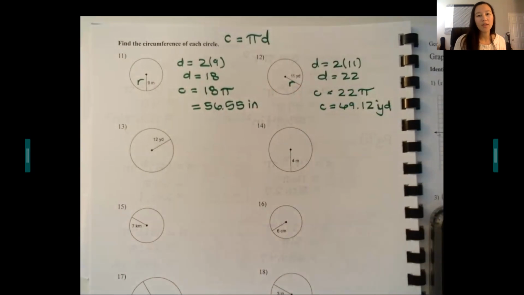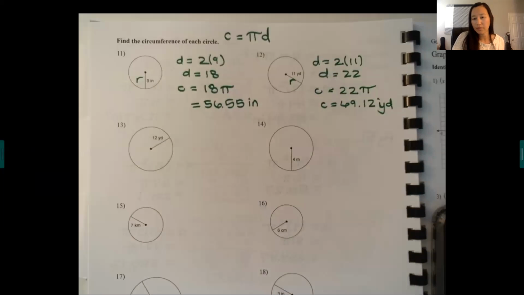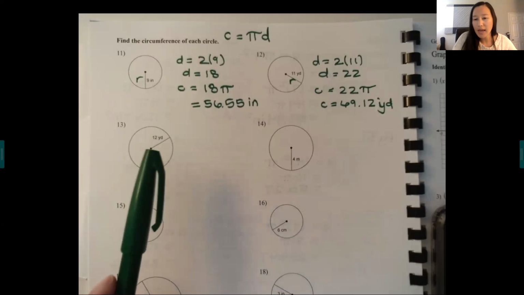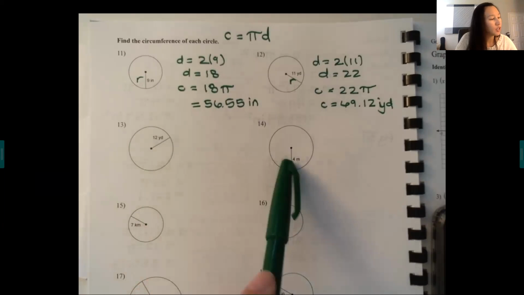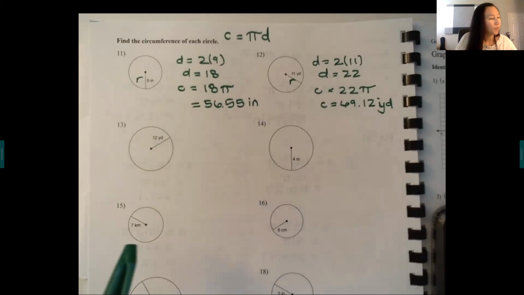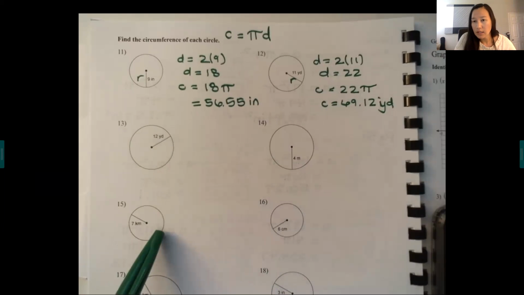Any questions how to find the circumference? No? Okay, so let's go in reverse order. Jose, can you do number 13? Elijah, number 14. Let's see.